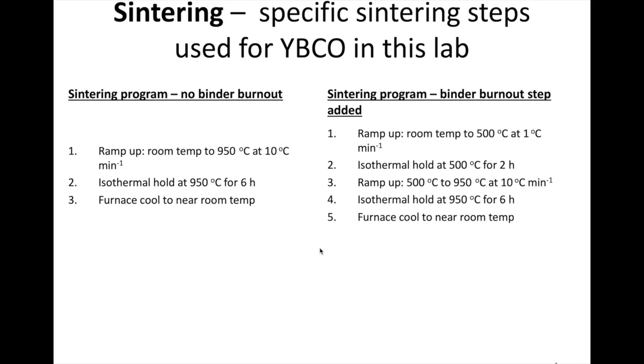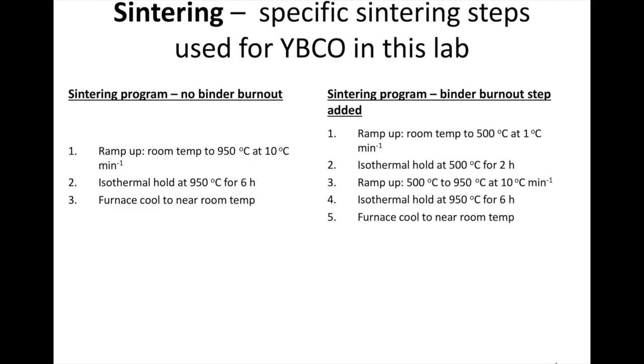Let me go over that real quick. The program without a binder burn off step starts by ramping up from room temperature, or whatever temperature the furnace is at, up to 950 degrees Celsius, very close to the calcination temperature. It does so at a rate of 10 degrees per minute, relatively quick compared to what we're going to see later.